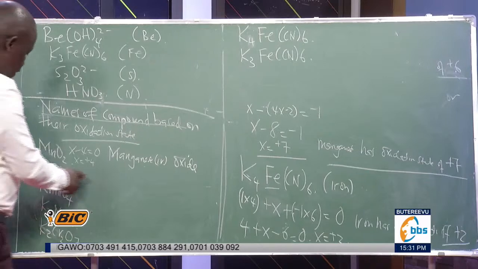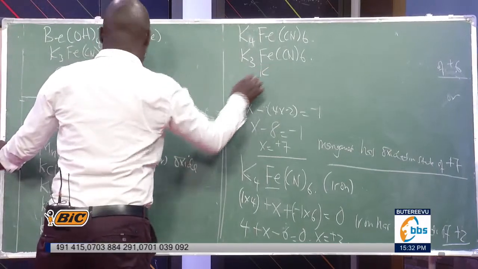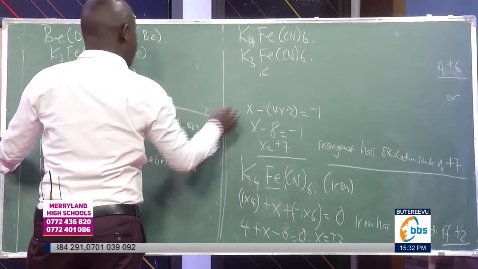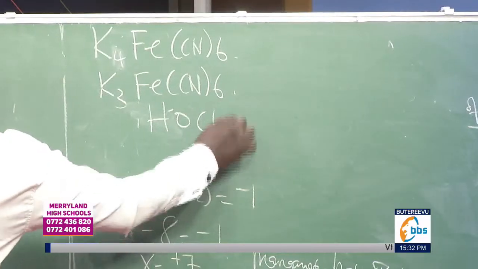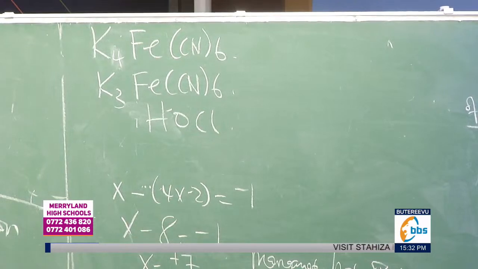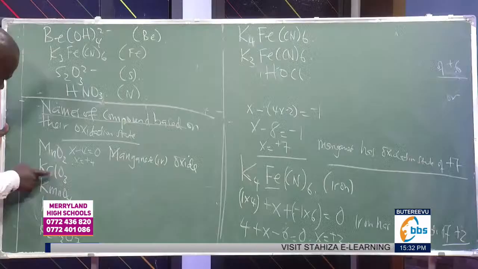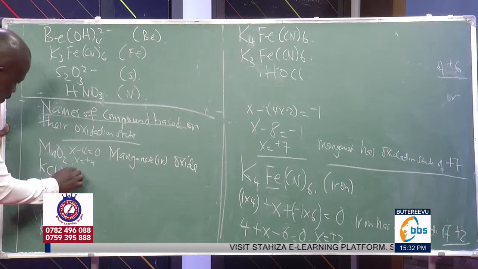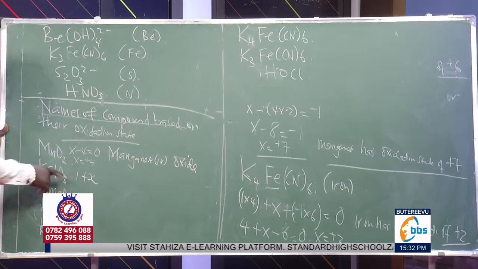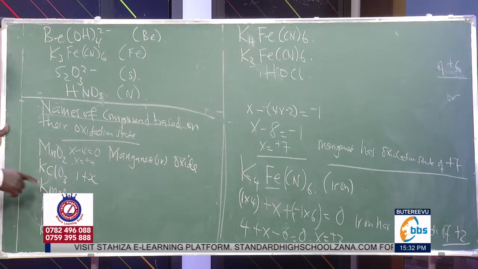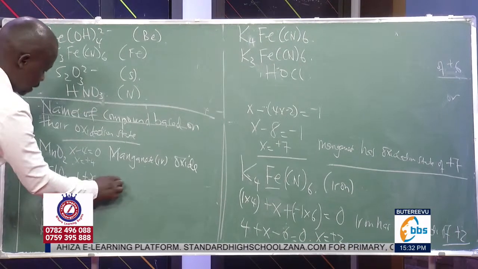Okay, we have this one now. I can also name this. We have this one. You can get the value of X. This is 1 positive, this is X, oxygen is negative 2, which is minus 6, equals to 0.